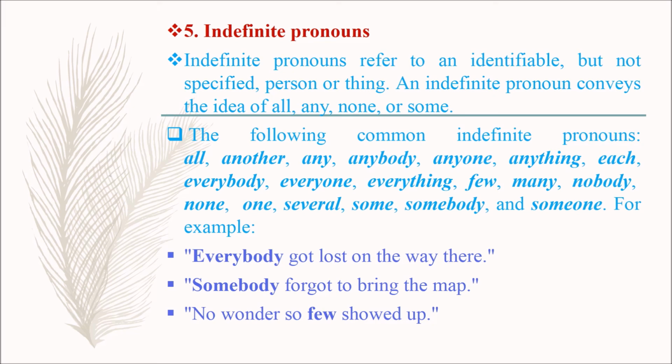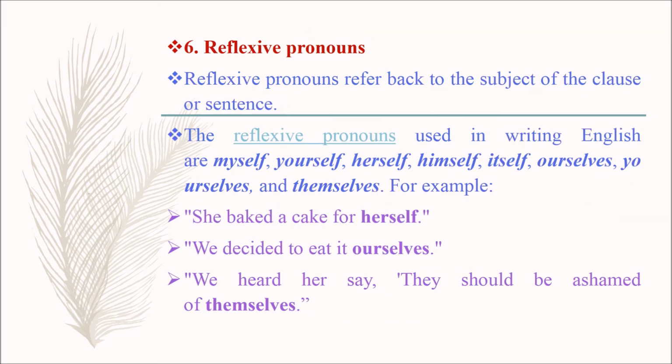Next, we are going to learn about reflexive pronouns. Reflexive pronouns refer back to the subject of the clause or sentence. The reflexive pronouns used in writing English are myself, yourself, herself, himself, itself, ourselves, yourselves, and themselves.